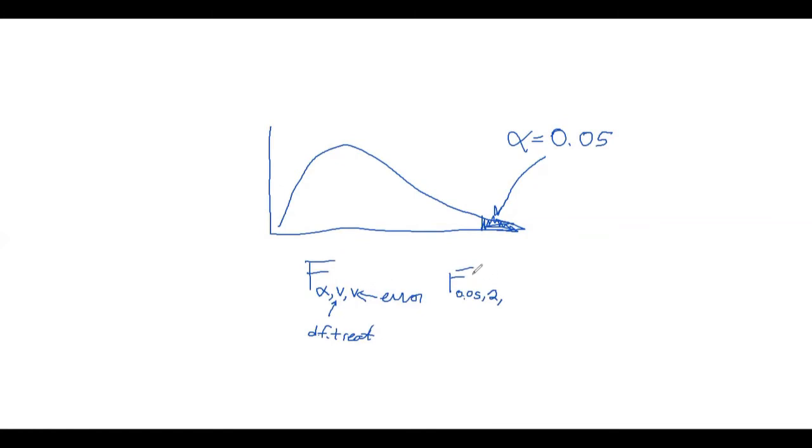So we had 6 replicates minus 3 groups, so that would be 3. So we look at the F distribution with this error rate and 2, 3 degrees of freedom.